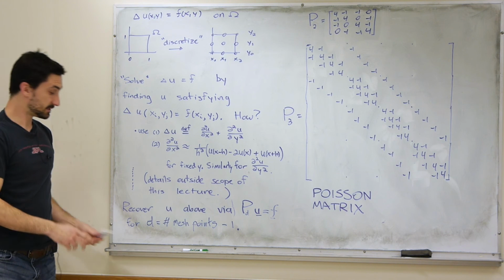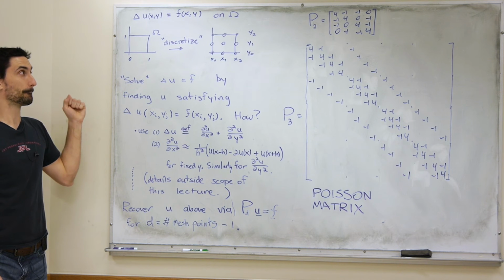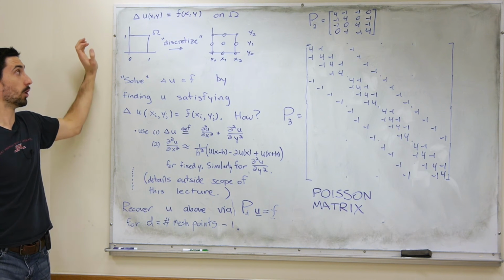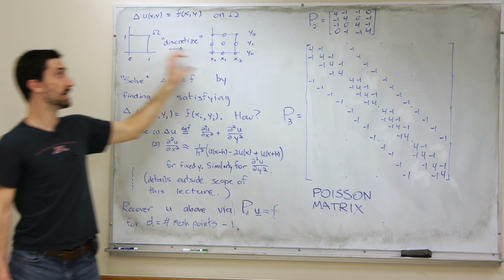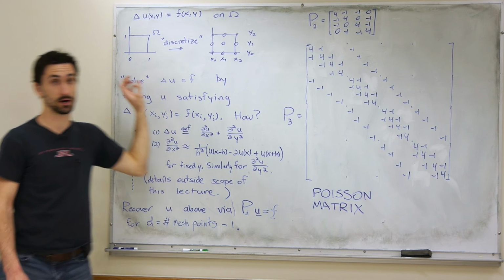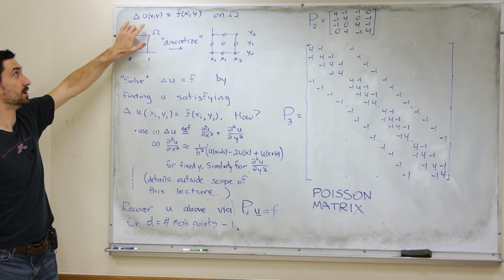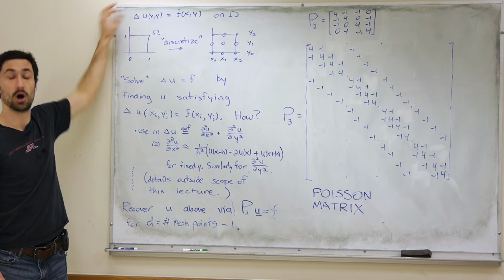And the idea is, since functions are continuous objects, to approximate them, we're going to take this square, discretize it, and look at just a grid of points that are inside the square.